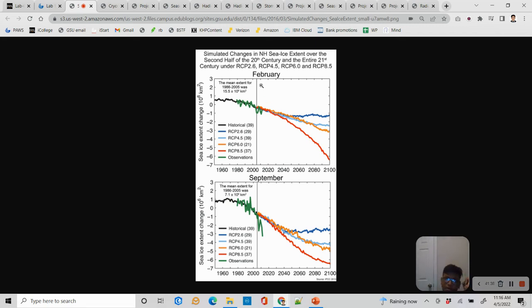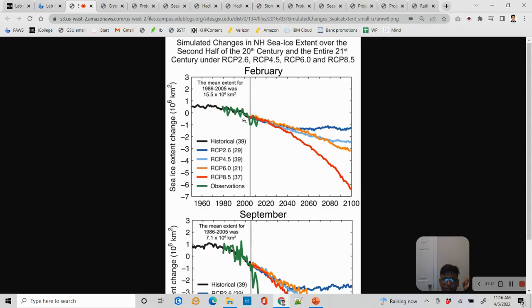This is the February situation and this is the September situation. Right now the sea ice is in this region. For the scenarios RCP 8.5, 6, 4.5, 2.6, during February, in the second half of the 20th century, or probably in the whole rest of this century, the sea ice extent will be really low.